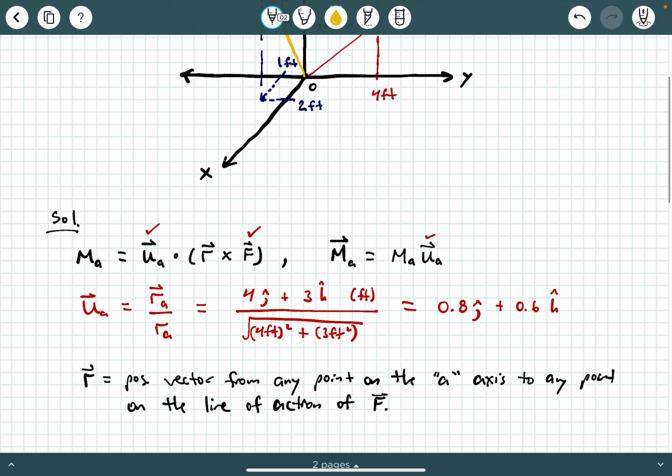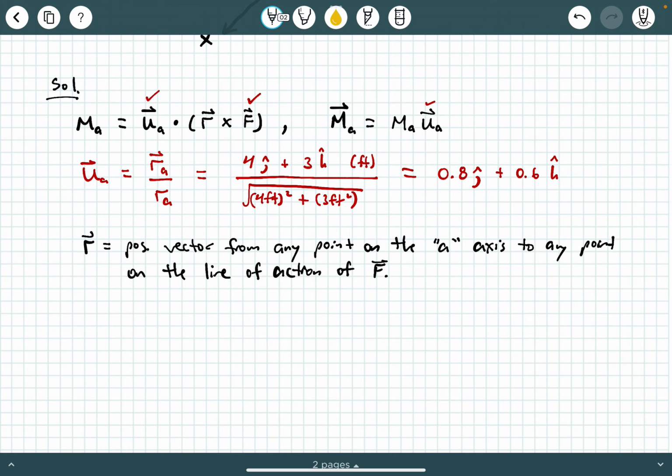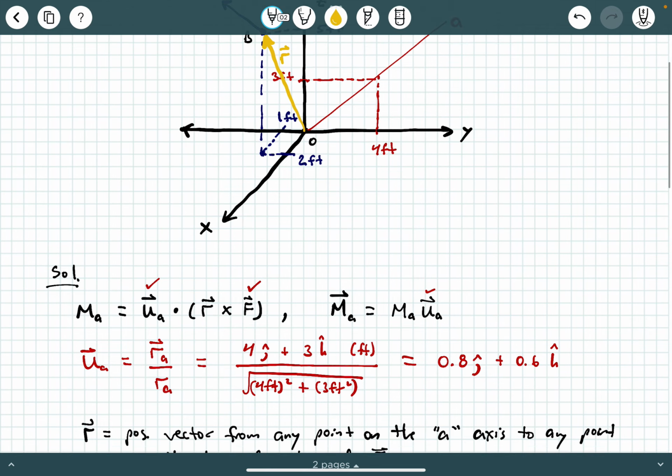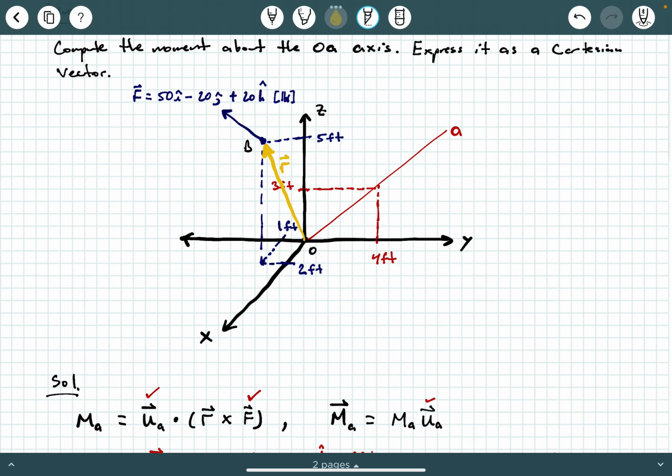No problem. So if I do that, I'm gonna color code here in yellow. R is just gonna be the position vector from O to B. And we take the coordinates of the second point, which is B, minus the coordinates of the origin, which is just 0, 0, 0. And so what are the coordinates of B? Well, we already said that, +2, -1, +5, okay?